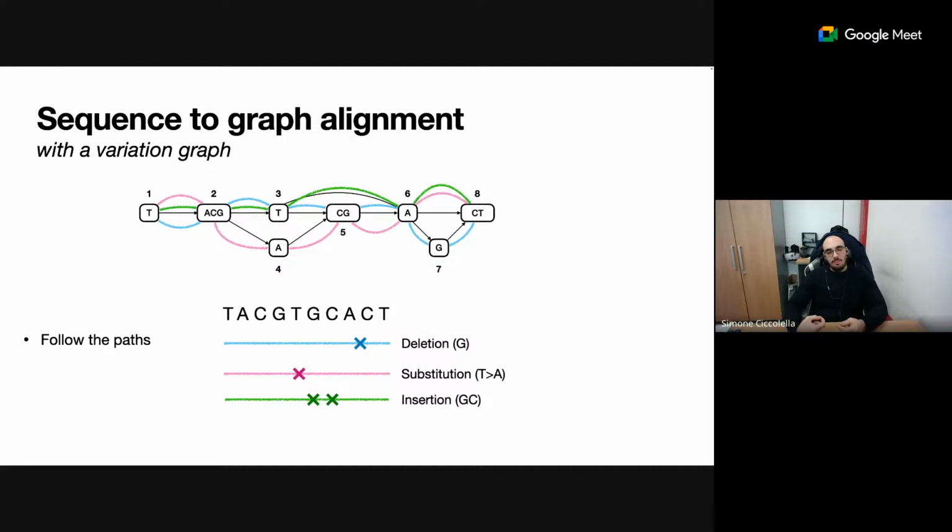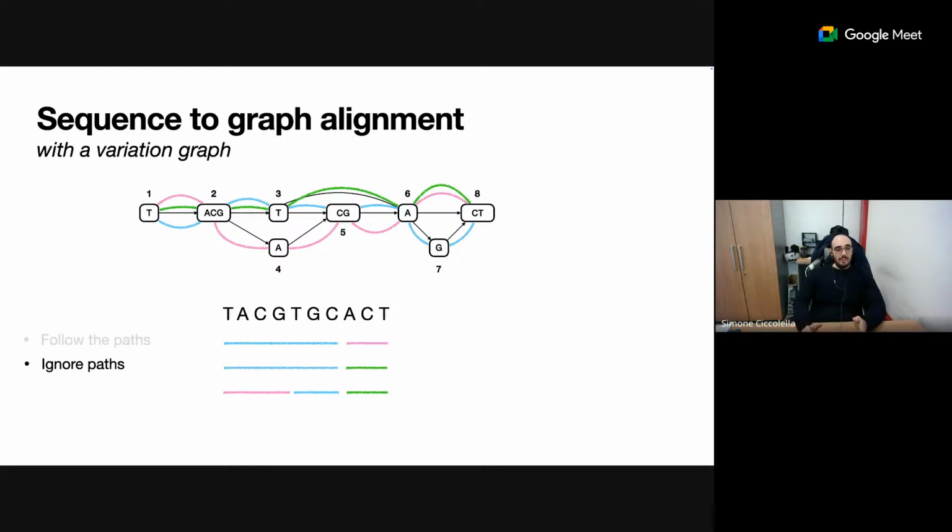This is nice because it makes the problem easier. It's not that different from doing sequence-to-sequence alignment. We just have to do it multiple times following all the paths in the graph. However, we are not really fully utilizing the capability of a variation graph. Another way we can do it is that we ignore the paths, right?